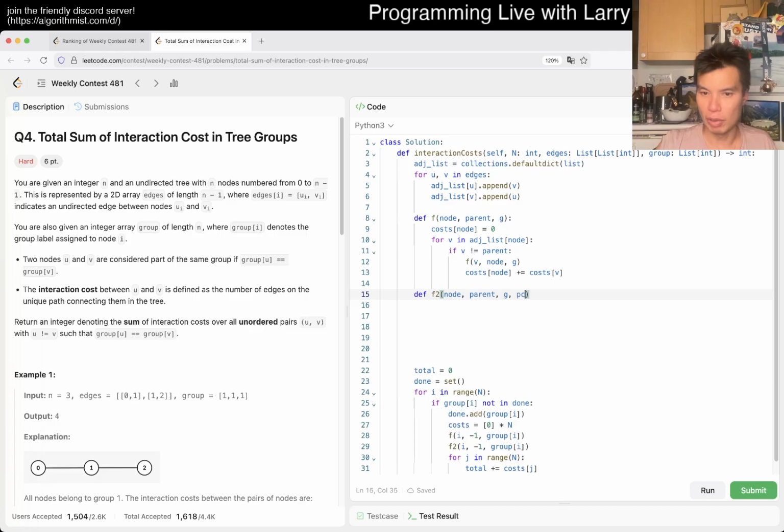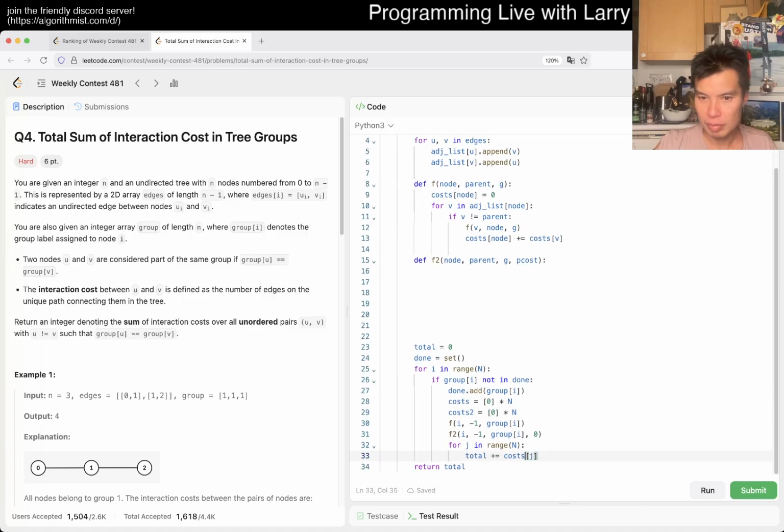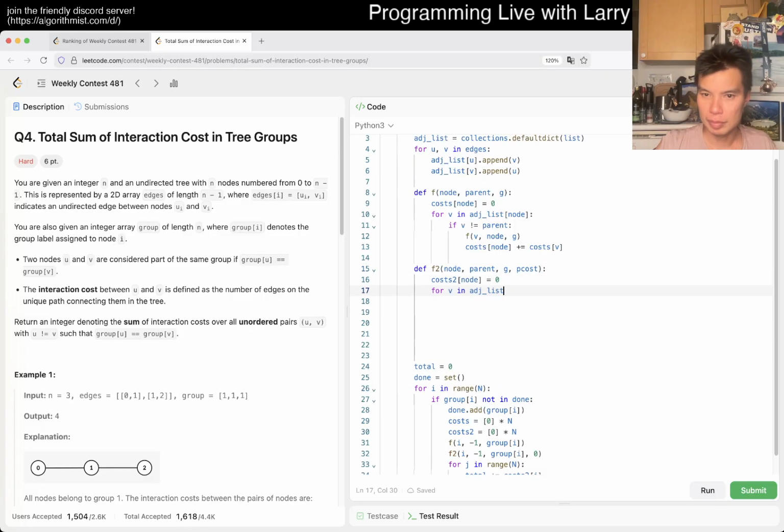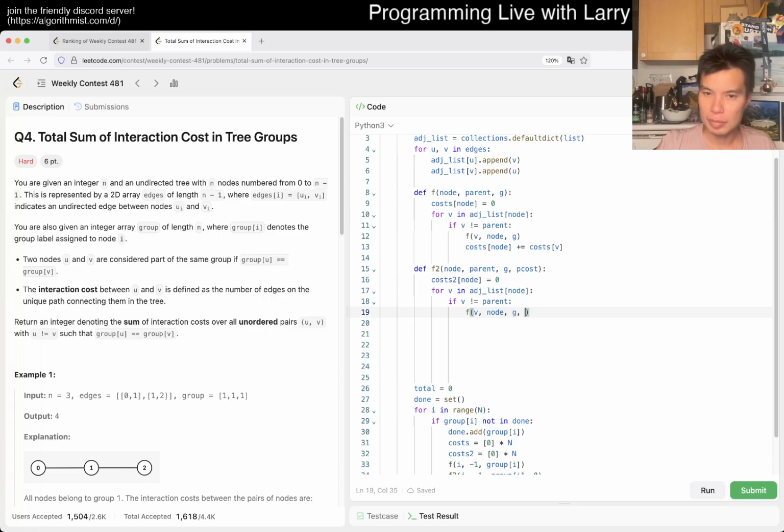Oh, there's a peak cost. I guess that's the rerooting thing. I'll still write it my way, I think. Okay, so what's the new peak cost?